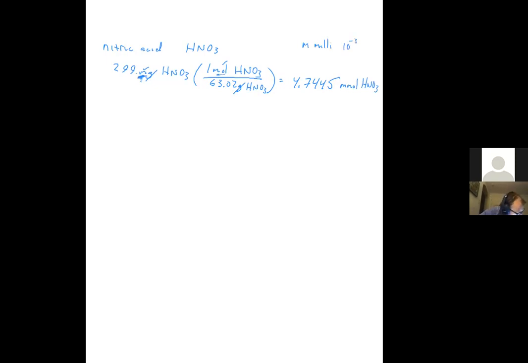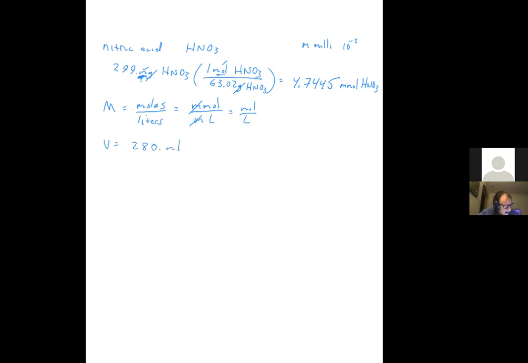Now, to get molarity, that's moles over liters, right? Those are the units of molarity. But look what happens. If I have millimoles and I divide that by milliliters, the milli are going to cancel and you're going to get moles per liter. So the reason that I didn't convert the milligrams of HNO3 into grams is that I also know that our volume is in milliliters.